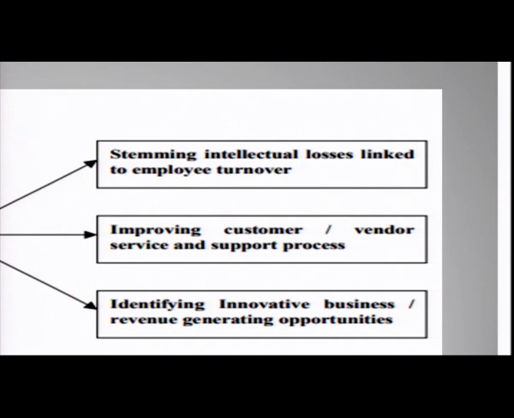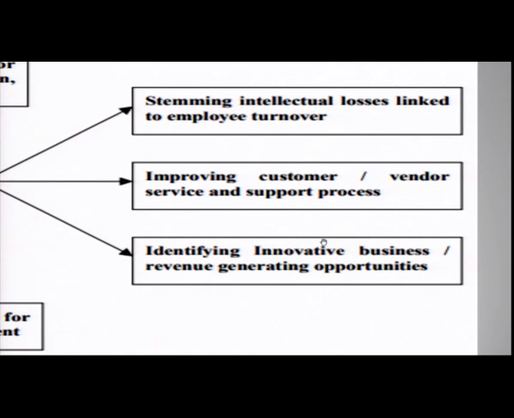Now, as far as knowledge management is concerned, you are stemming intellectual losses linked to employee turnover, and it is used for improving customer or vendor services and support processes. It is used for identifying innovative business or revenue generating opportunities.